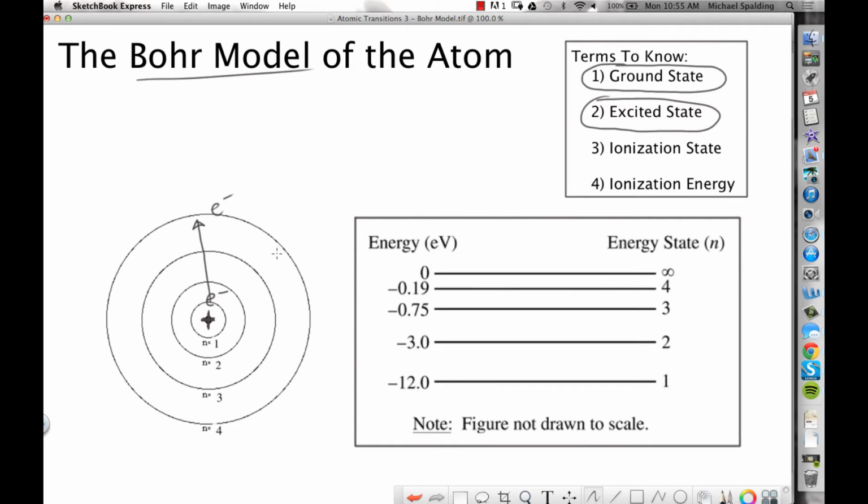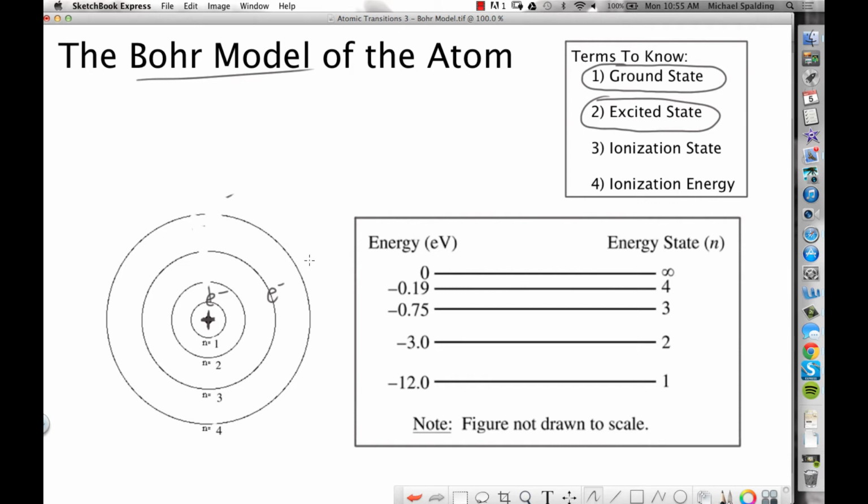No. What if we moved the electron to n equals 3? Would that be the excited state? Yeah. Anything that's not the ground state is the excited state.